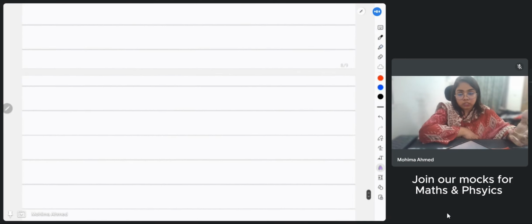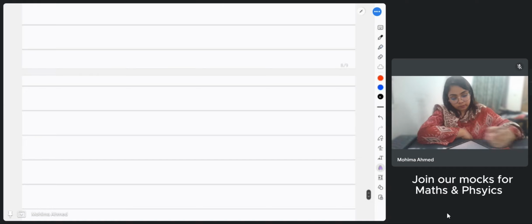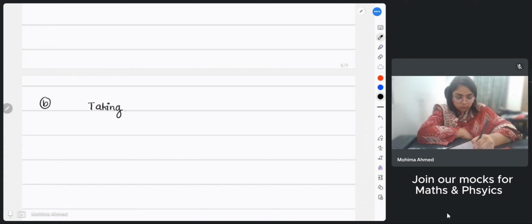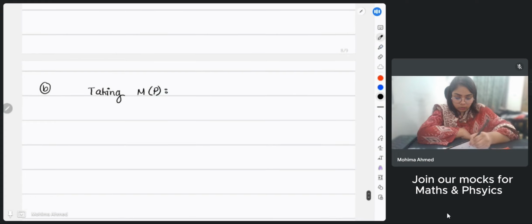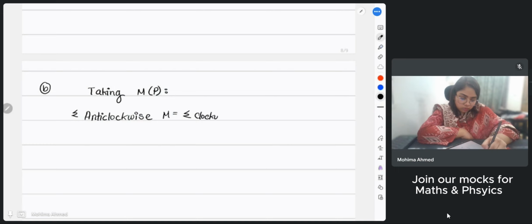So for part B, we're going to take moment about point P, which is going to be sum of anticlockwise moment is equal to sum of clockwise moment.